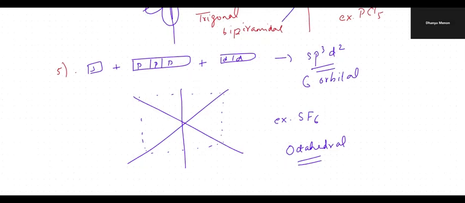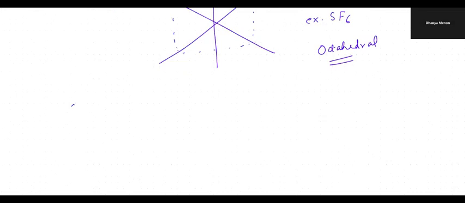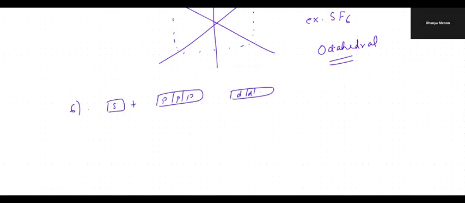Now, the next one is if 1s is mixing with 3p and 3d, it results in sp3d3. How many orbitals are they? 7 orbitals. 7 hybrid orbitals we get.